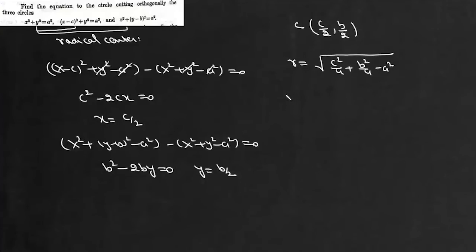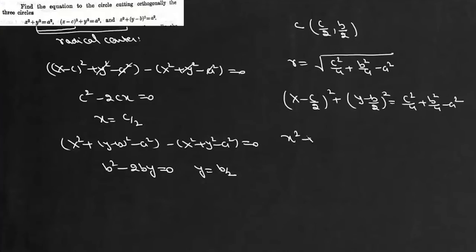So the equation of this circle will be (x minus c by 2) square plus (y minus b by 2) square, and that will be equal to c square by 4 plus b square by 4 minus a square. Now if we simplify this, we'll get this equation as x square plus y square minus cx minus by plus a square equals 0.